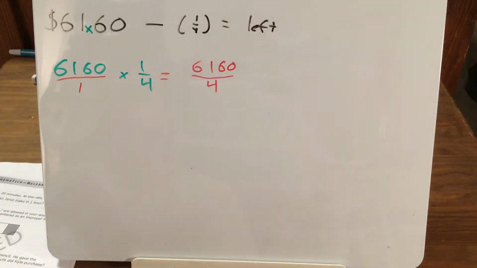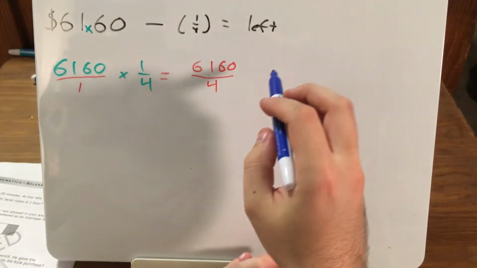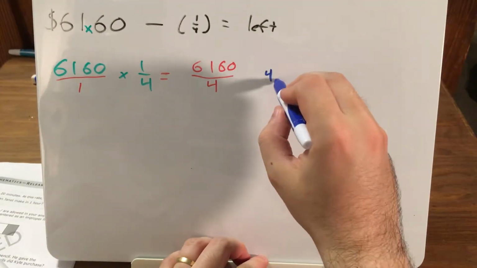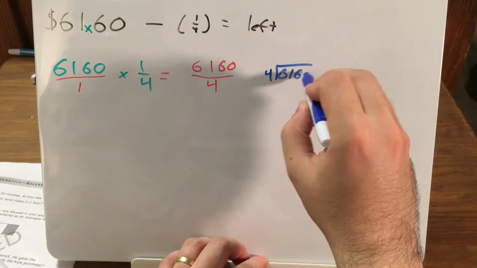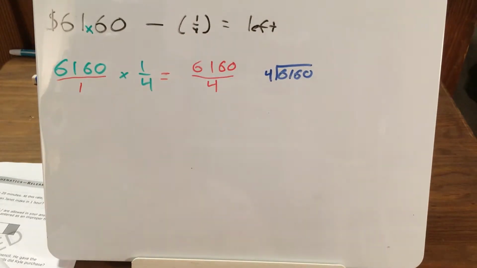And now I need to translate from fraction language to division language and say that 6,160 over 4 is the same thing as 6,160 divided by 4. And like with every long division problem, if there's another way that you know how to do a problem like this, go for it, try it out. You can even send me an email explaining or giving me a video of your method.